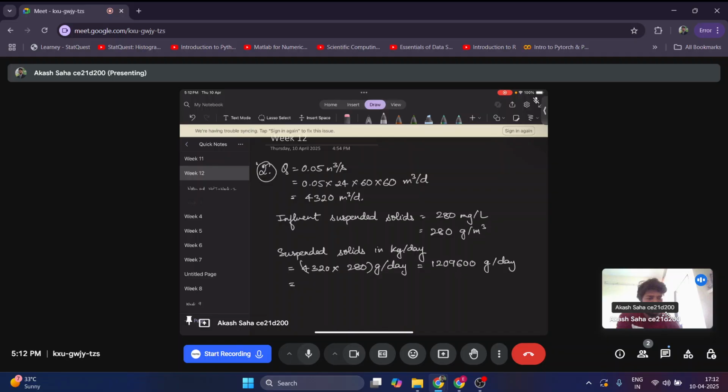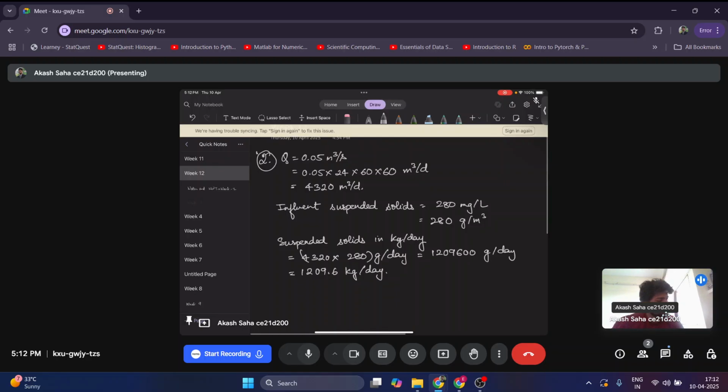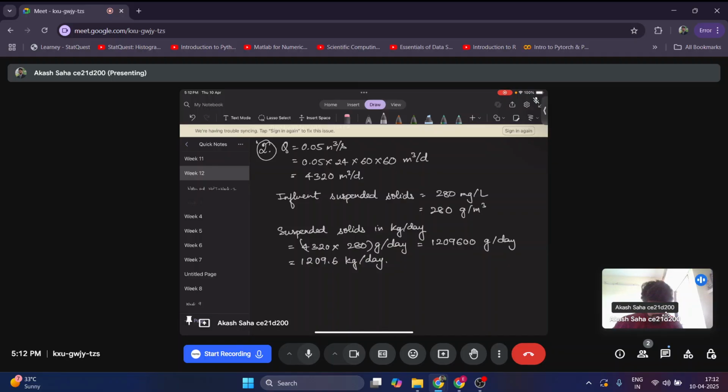And if we convert this into kgs, we will get 1209.6 kg per day. Okay, so this much amount of suspended solids will be coming into the system per day, with the discharge.